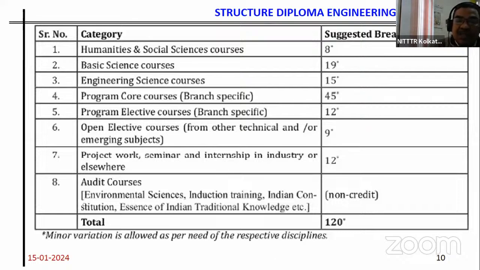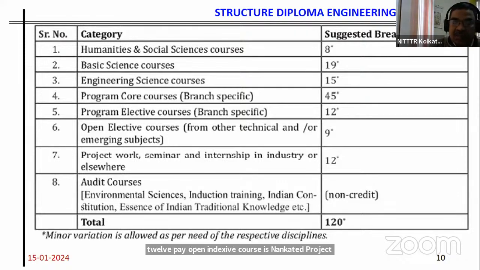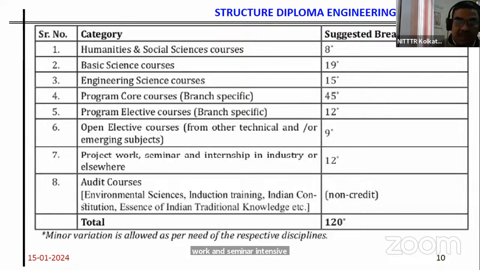Basic science courses is 19 credits. Engineering science courses is 15 credits. Program courses is 45 credits. Program elective course is 12 credits. Open elective course is 9 credits. Project work and seminar, internship and industry is 12 credits. And also the audit credits. Audit course has no credit, and altogether it is 120 credits.